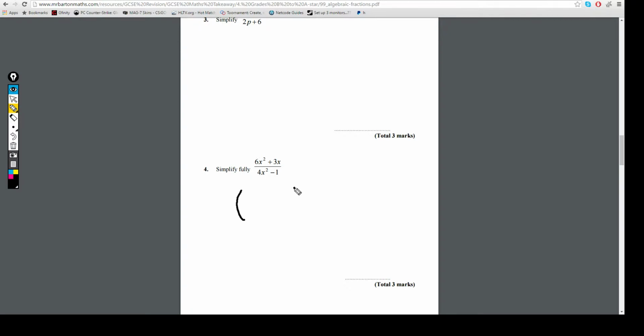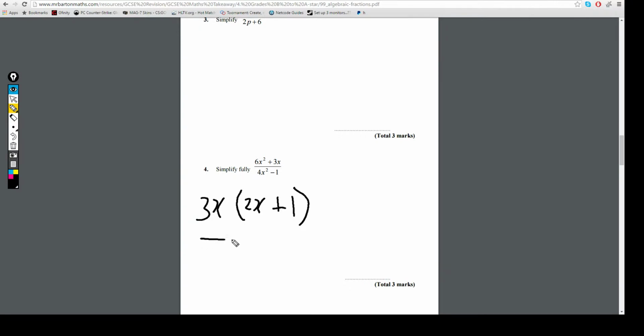We're gonna put 3x outside here and a 2x inside of here, because 3 times 2 is 6, and x times x is x squared. And we're going to put a plus 1, because 3x times 1 equals 3x, so that is that.